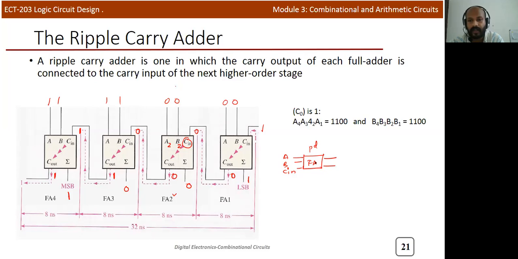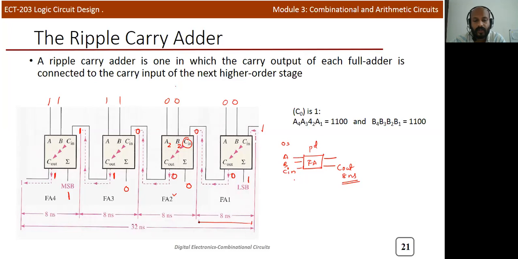For example, we are concentrating on carry. So assume that the carry out we will get only after 8 nanoseconds. When you apply some input at 0 seconds, only after 8 nanoseconds the C out will be available. Initially we are applying a 1 at the particular input and 0 0, but the C out is available only after 8 nanoseconds.